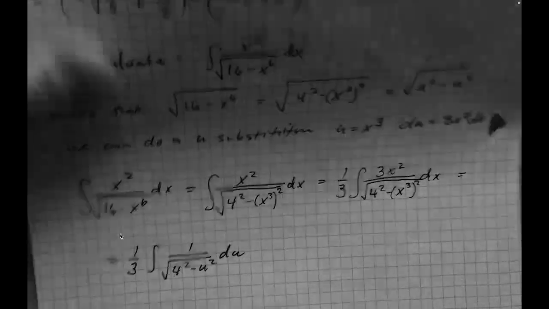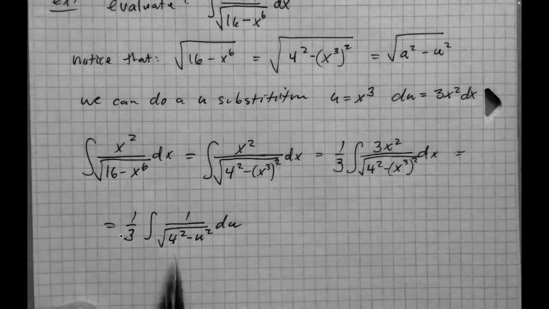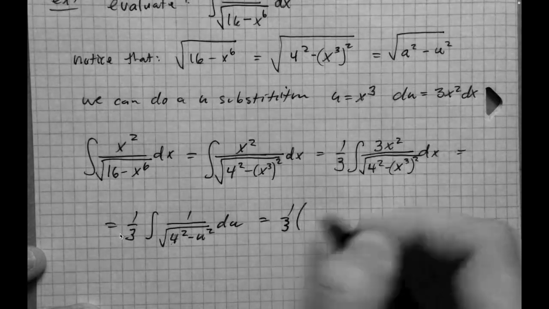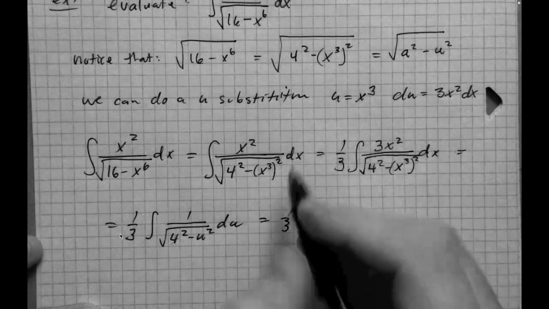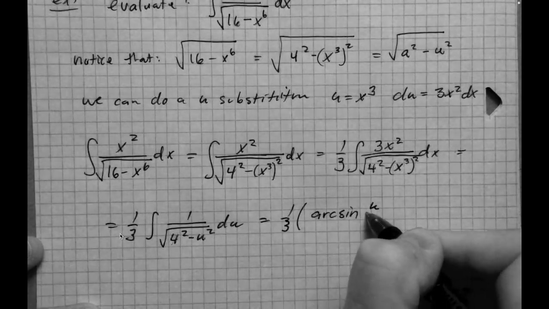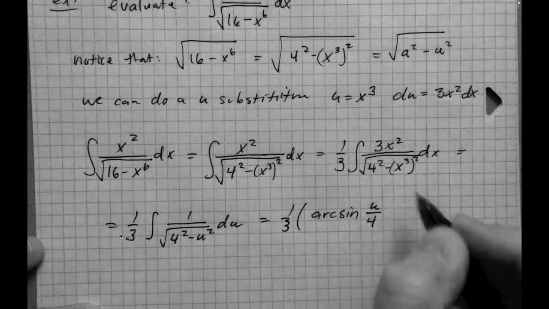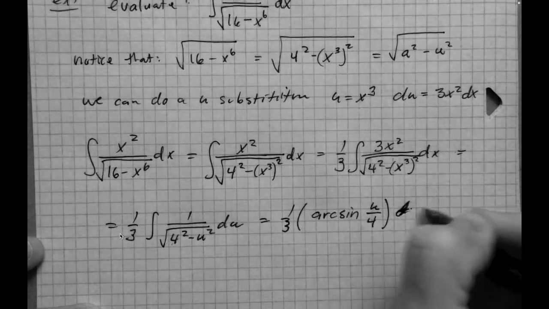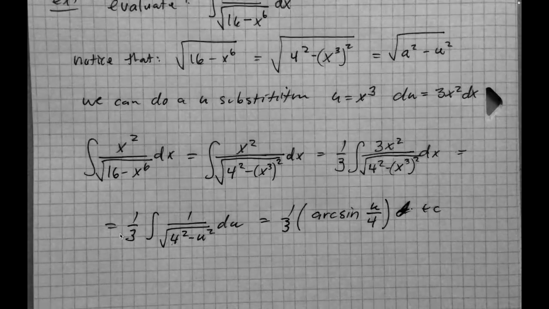And so this fits the form of the arc sine. And so this would be 1/3 times, and then the integral is arc sine of u over 4 plus c.